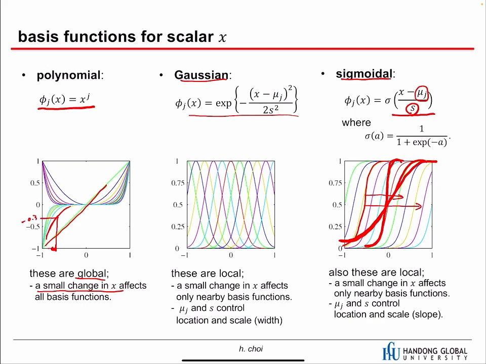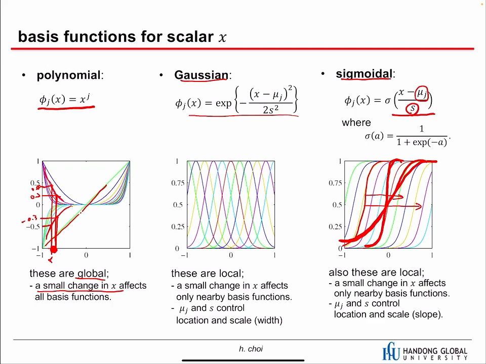Then when we change slightly, now we have x dash, then the output is minus 0.5. Look at these functions. Originally the value was around 0.2, and based on this change, the output will be something like 0.4. So if you pick any basis function, all the functions will be affected by this change.